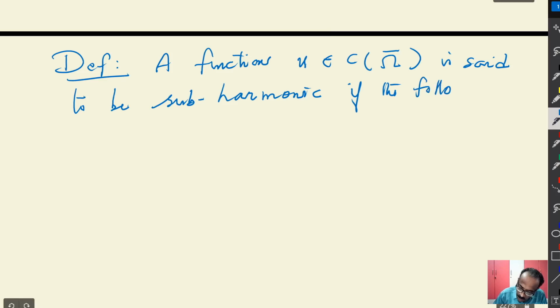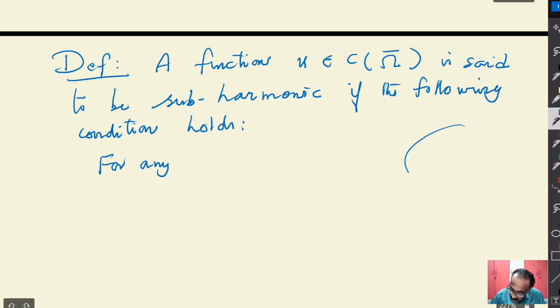What is that condition? For any ball, so you are asking for any ball. You have a domain omega here, take any ball.